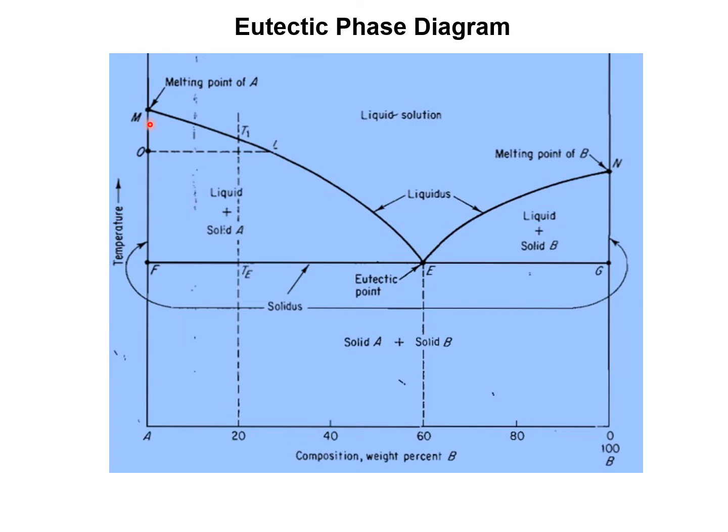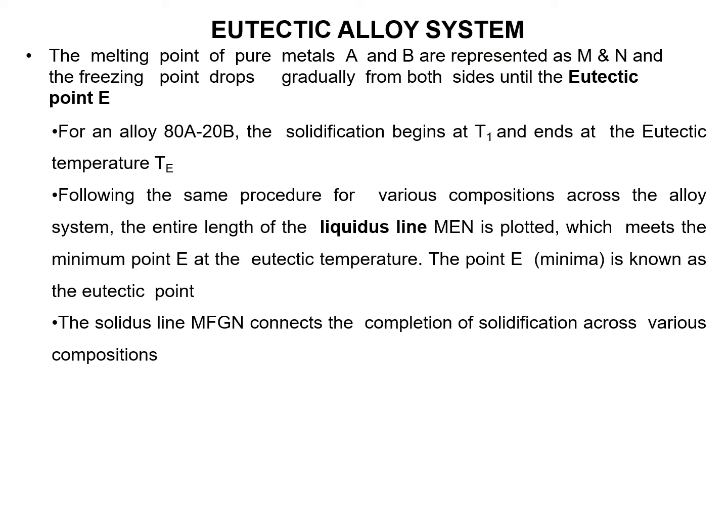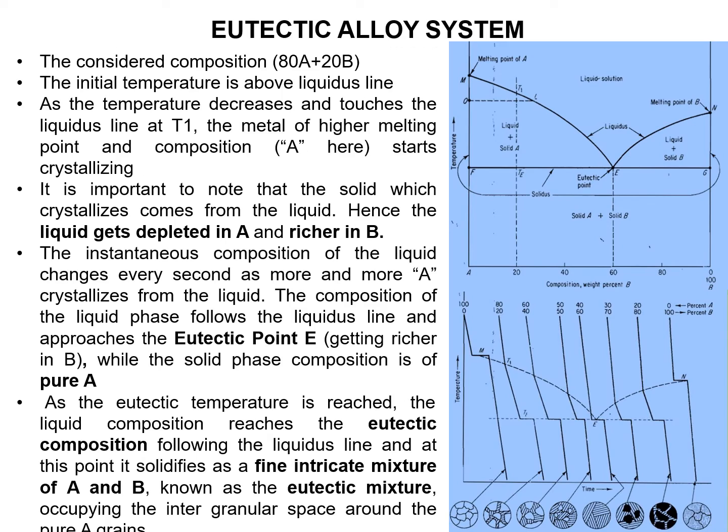Here the liquidus line is M, E, N. That is called the liquidus line. Now the solidus line is M, F, E, G, N. This is called the solidus line. So we have to mark all the regions in the phase diagram. Now we have discussed the eutectic alloy system.